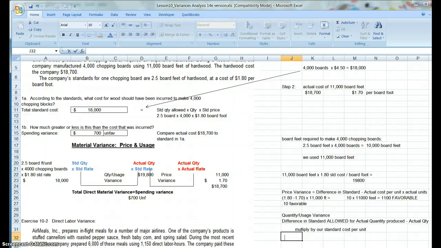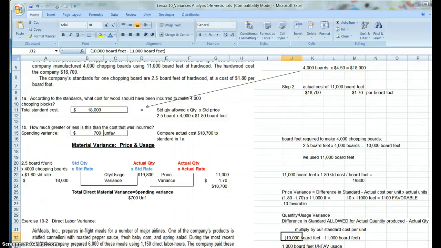Okay, so let's look at this again. This difference in the standard allowed: 10,000 board feet is what we're allowed for the actual quantity produced, those 4,000 boards. What was my actual quantity? We used 11,000 board feet. Difference, 1,000 board feet, unfavorable usage.